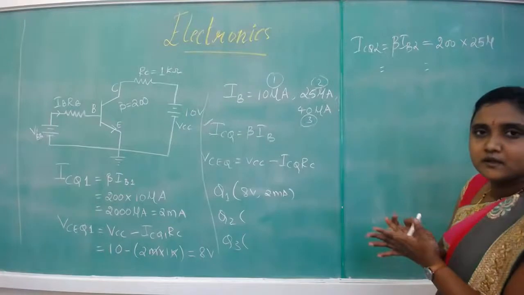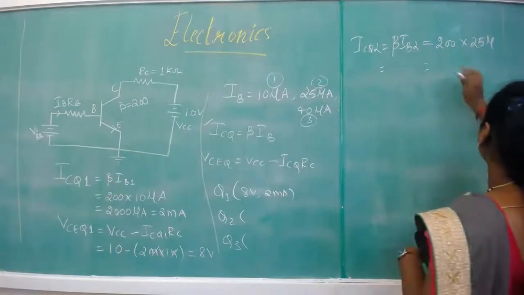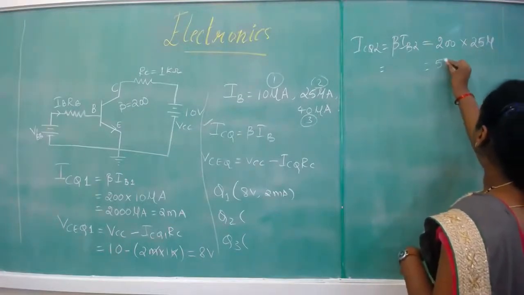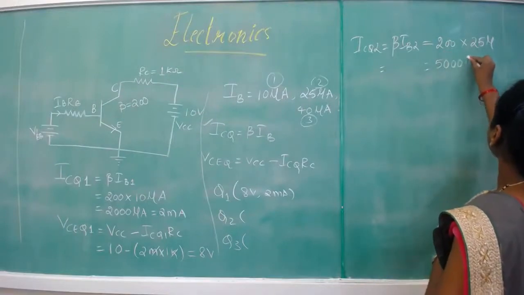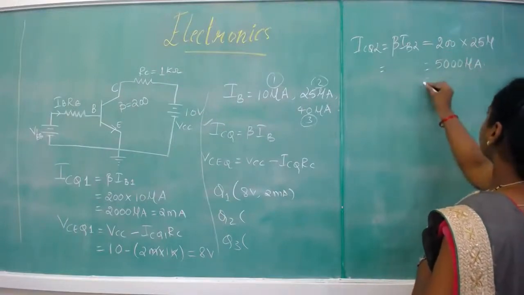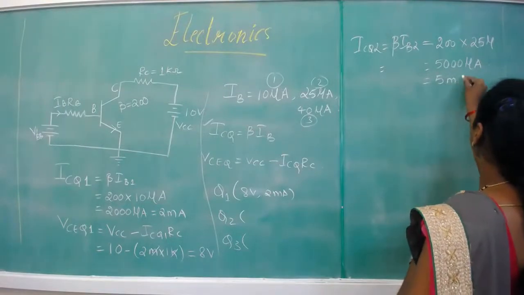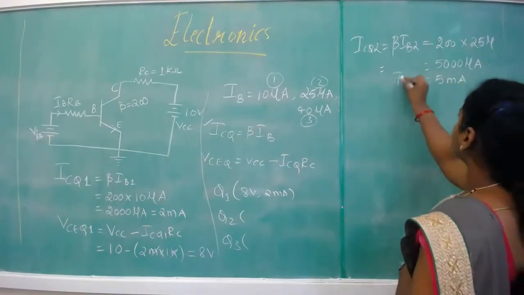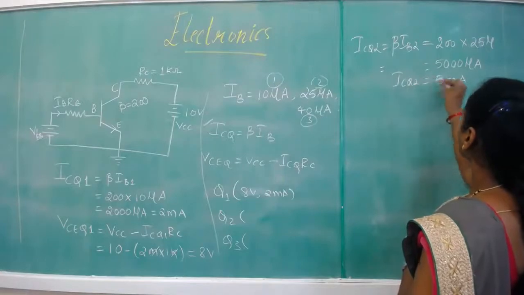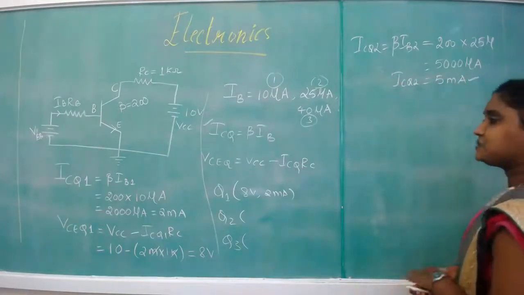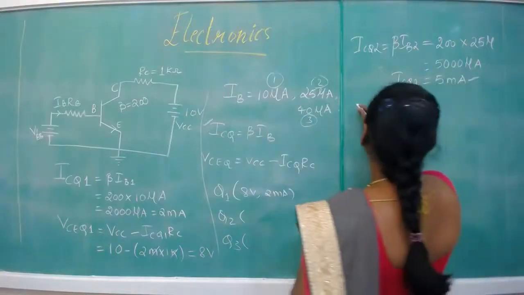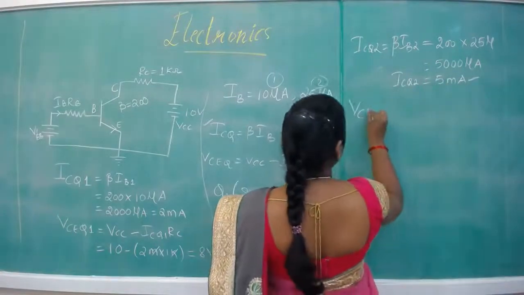It's okay if we do it with the value 20. So this is nothing but 200 into 20 is 4000, hmm, 200 into 25 is 5000 microampere, which will give you 5 milliampere. So ICQ2 is 5 milliampere.